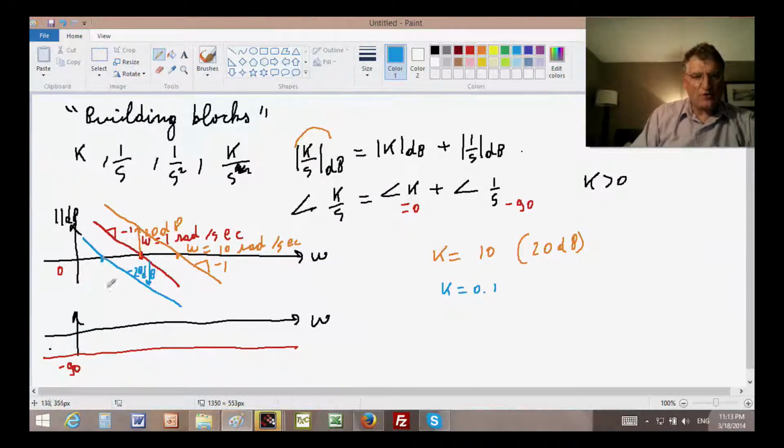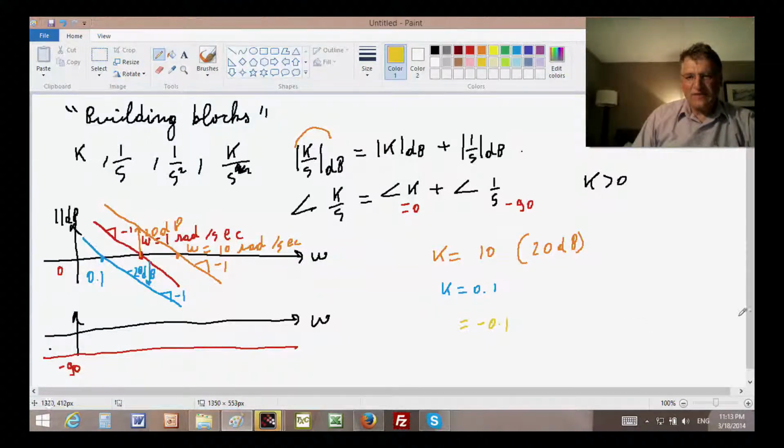Now the crossover frequency is 0.1 radians per second, but otherwise the slope remains -1. Now phase-wise, things don't change. However, if, for example, k was equal instead to -0.1, what would happen?